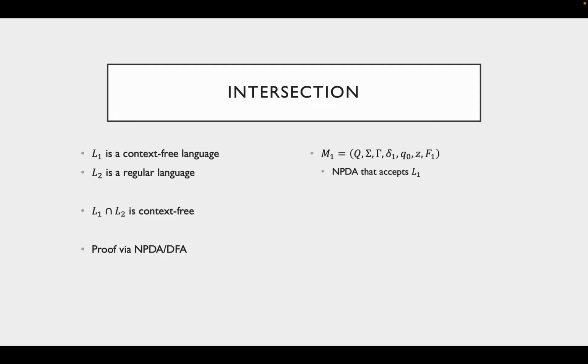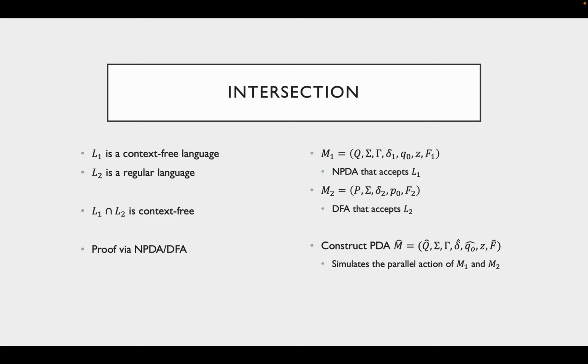This NPDA accepts L1. M2 is going to be our DFA that accepts L2, where we have our set of states P, our alphabet sigma, which is the same, our set of transitions delta 2, P0 is going to be our start state, and F2 is going to be our set of final states.